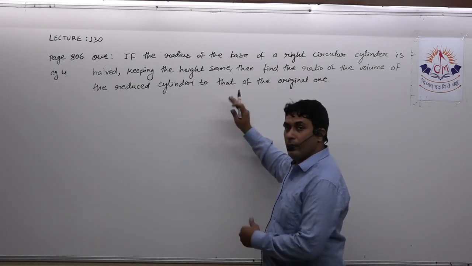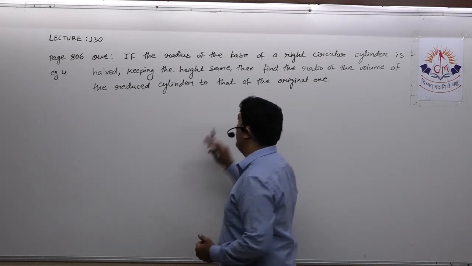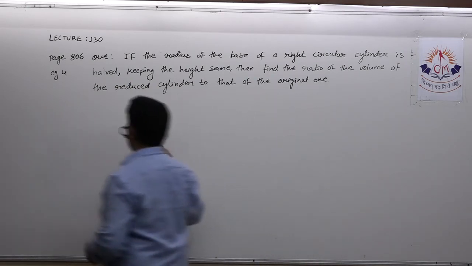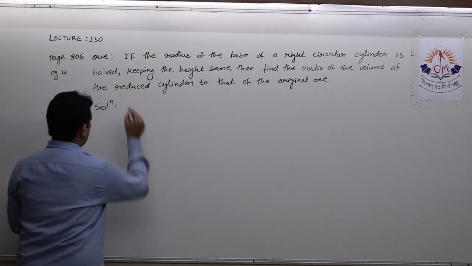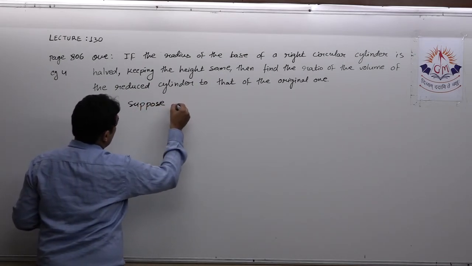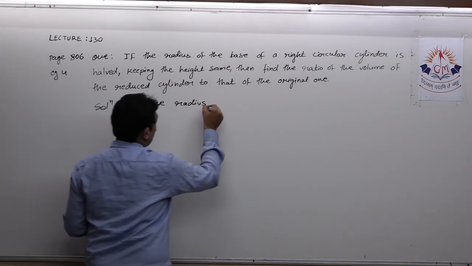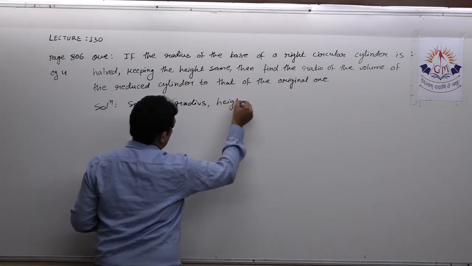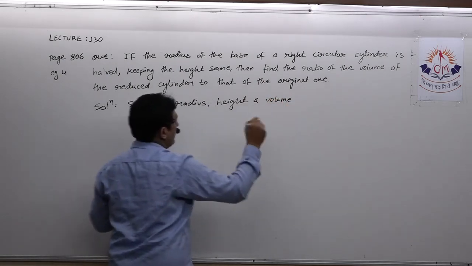Reduced cylinder means the cylinder in which we reduce or make the radius half to that of the original one. So let us see how to solve this. Suppose the radius, height and volume, as we have to find the ratio.